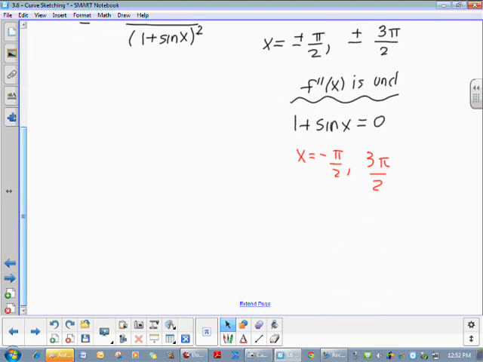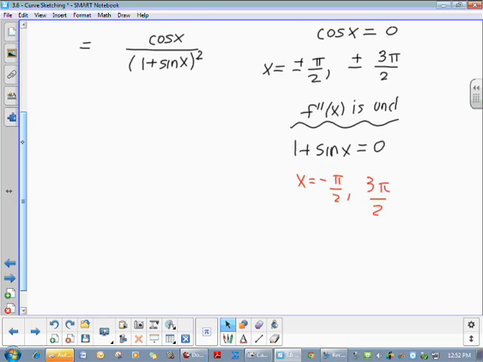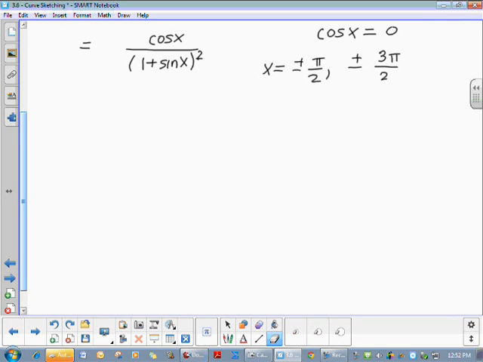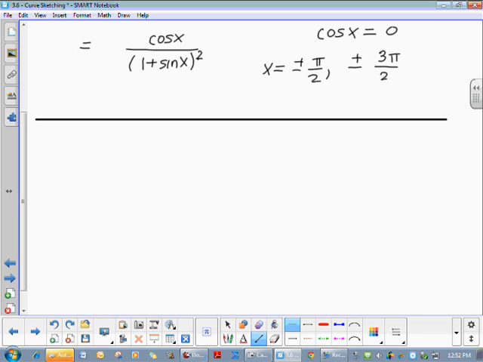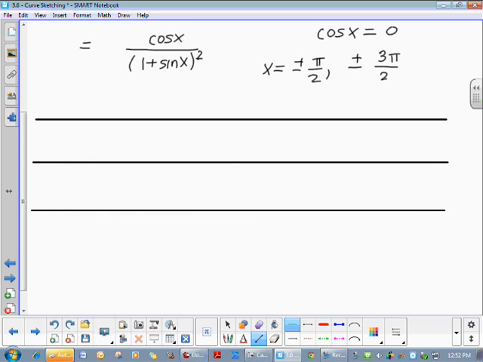So 4 critical numbers means, how many intervals are we going to have here? Looks like we're going to have 5 intervals. I'm going to go ahead and get rid of this so that I can see my derivative. Put together the lines for the chart. Five intervals.